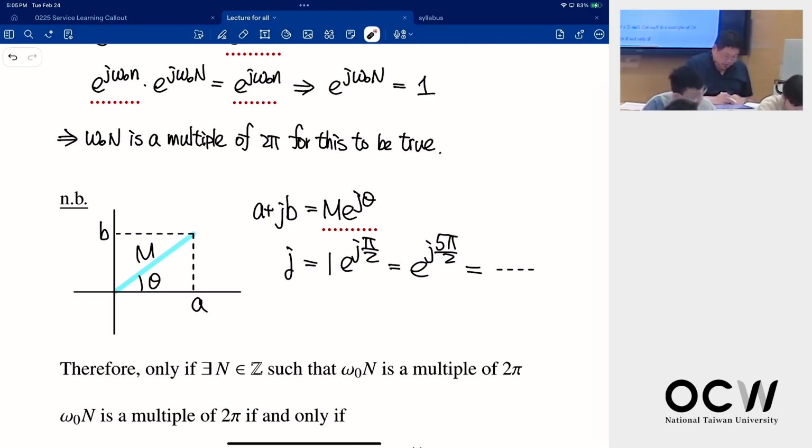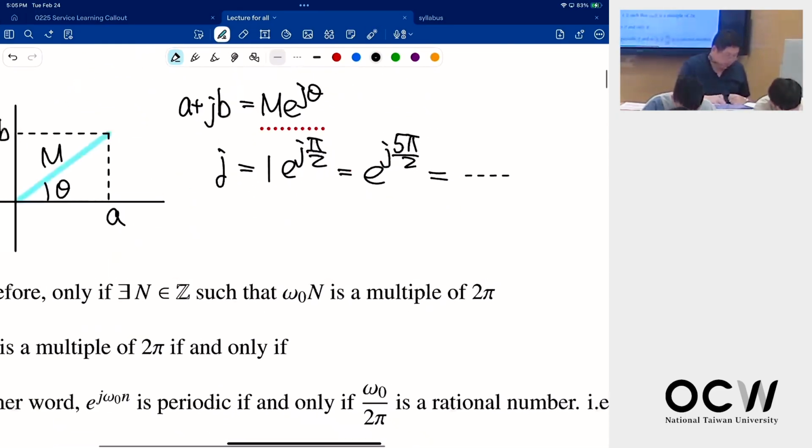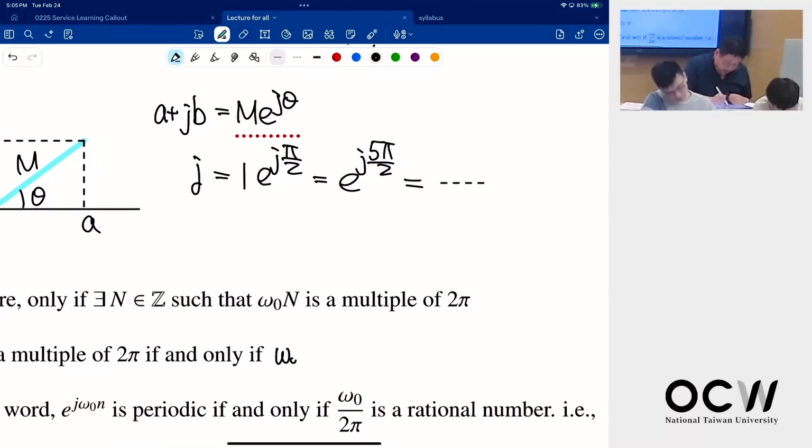And we say that omega naught n is a multiple of 2 pi if and only if omega naught capital N is 2 pi k for some integer k.